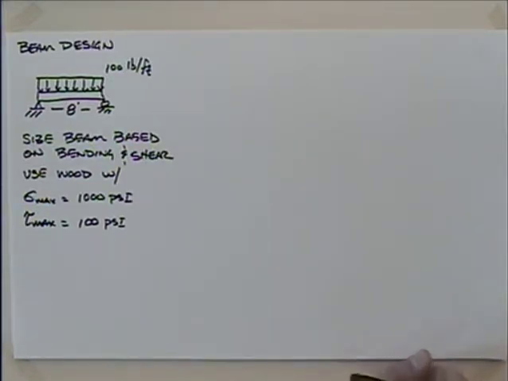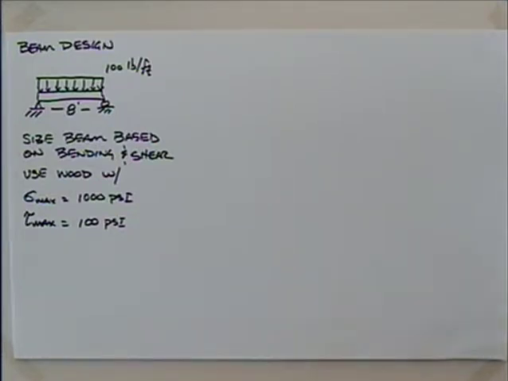Sometimes we call it a header. 100 pounds per foot. We'd like to size the beam based on bending and shear. We'll use wood with about 1,000 psi bending and 100 psi for shear. That's about Douglas fir number 2. I think it's about 95 psi, but we'll take 100 psi for shear max as we go through this example.